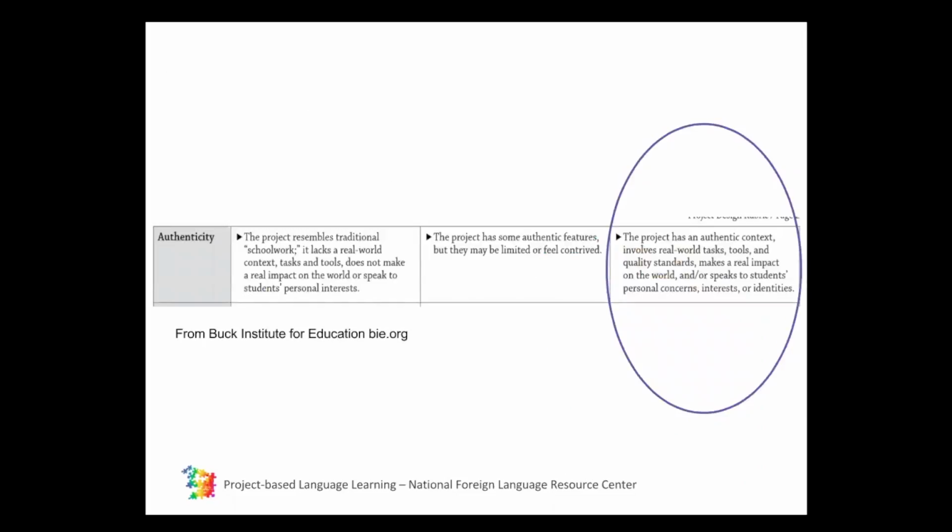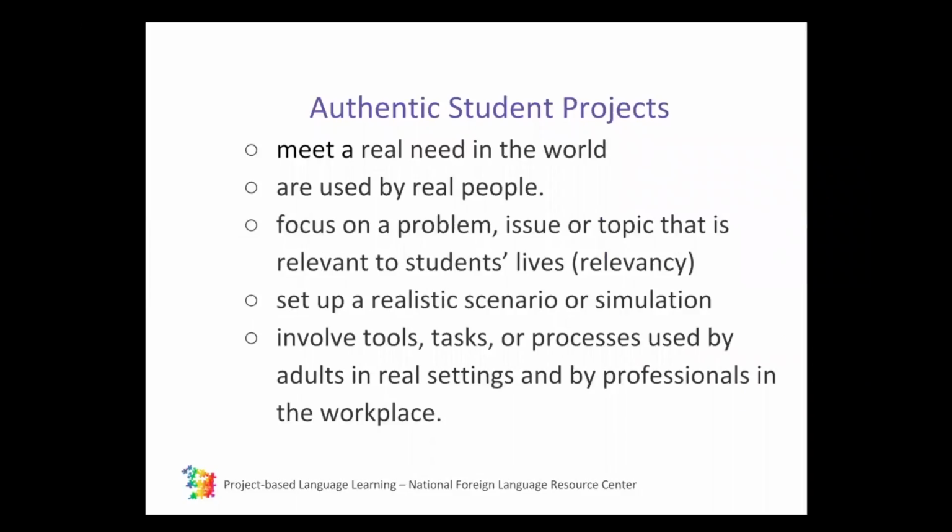So what does it mean to be authentic in a project? I'm zooming in here to some criteria, if you recall the gold standard PBL rubric that was previously shared by the Buck Institute for Education. Authentic projects will meet a real-world need in the world beyond the classroom, or the projects created by students would be used by real people.